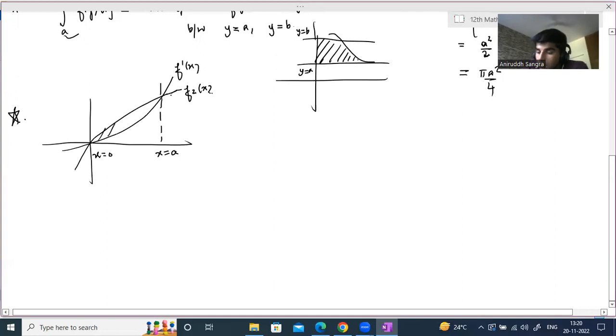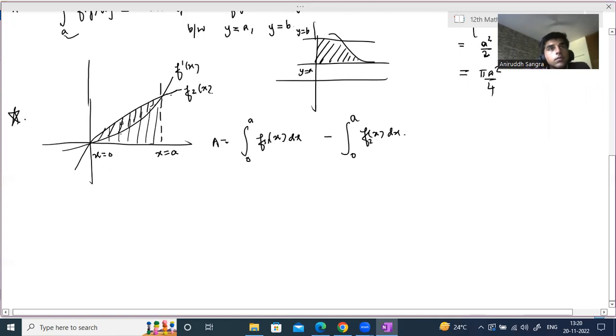We are interested in finding out this area. What we can do is, f1 is more than f2, so this area will be equal to the integral from 0 to a of f1(x) dx minus the integral from 0 to a of f2(x) dx. f1(x) will give you this entire area, and f2(x) will give you this bottom white area, and we can subtract both of them.